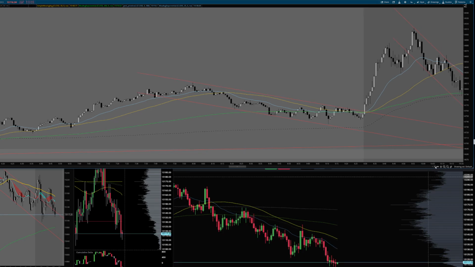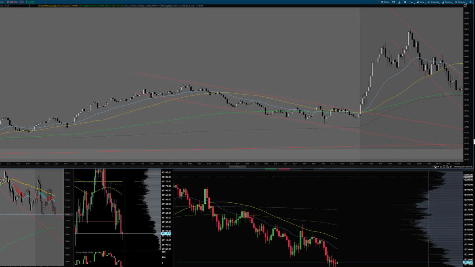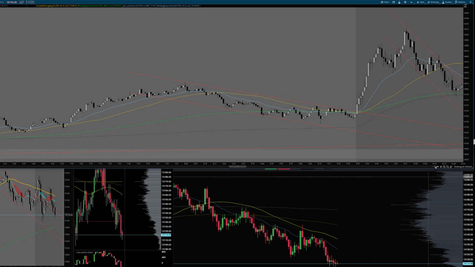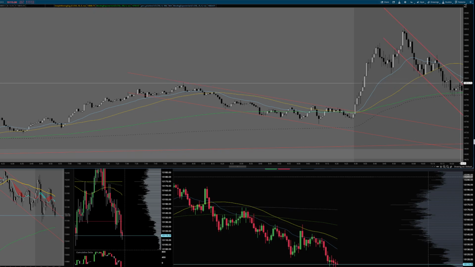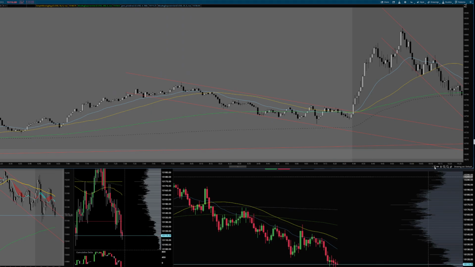Okay, testing the 200. The 200 is still holding, and the price turned from that channel there. Okay, now it broke the 200 and is trying to break this VWAP here.